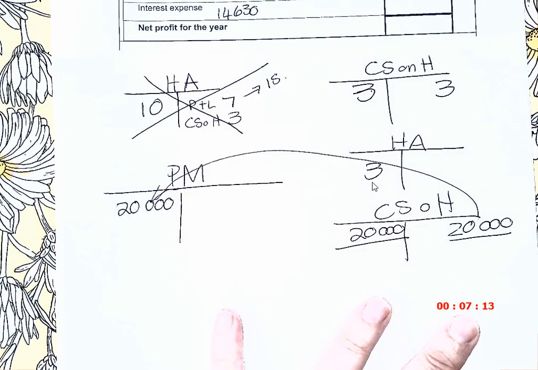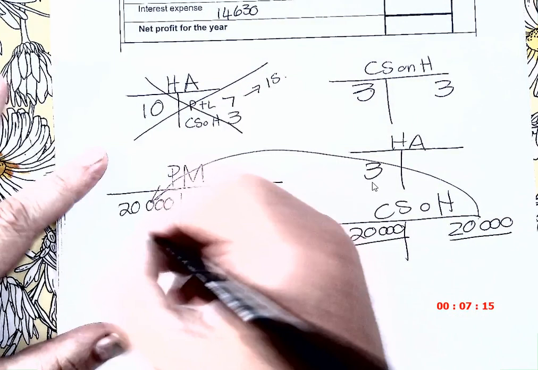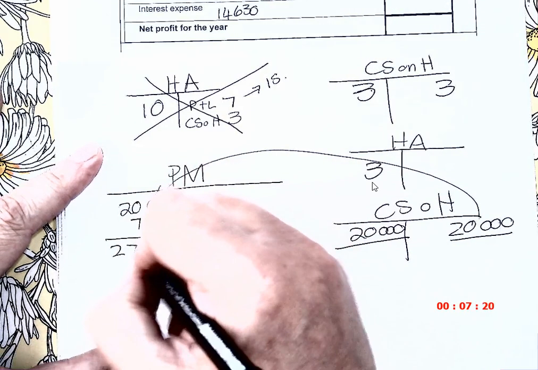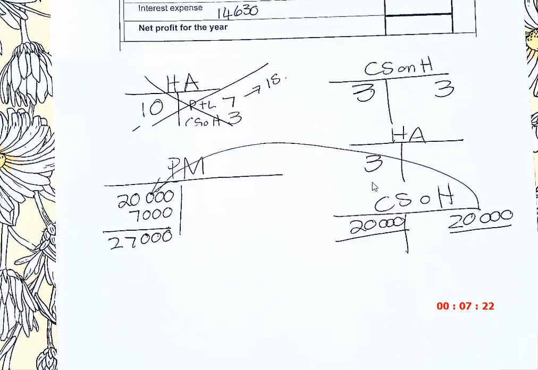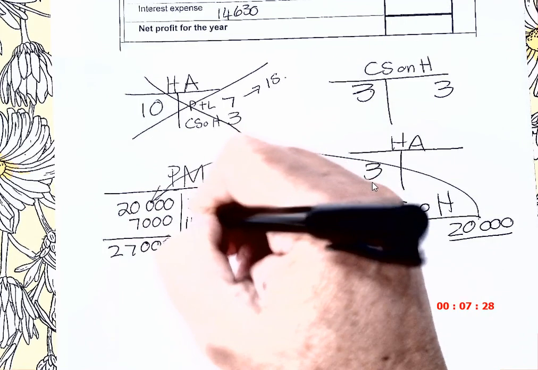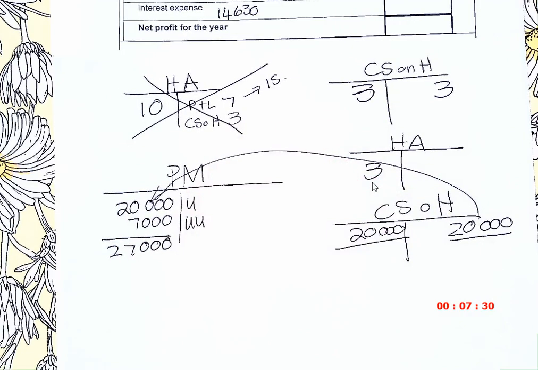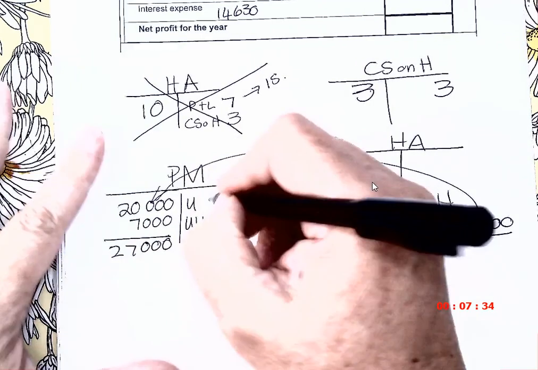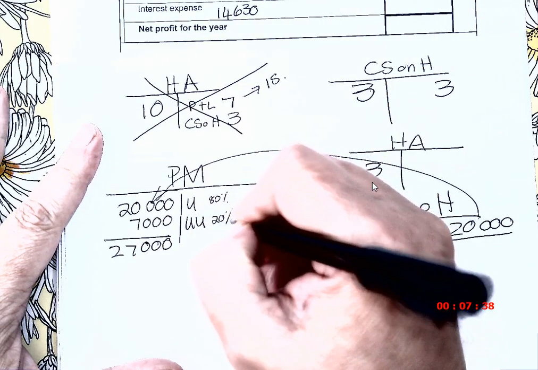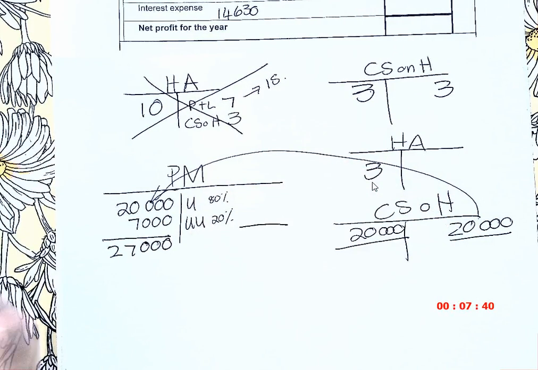You see? Now I'm going to buy 7,000 more. So I've got 27,000. Now I'm going to split it. Used, unused. Okay. So they tell me used is 80%. Meaning the unused is 20%. Okay, now let's see.